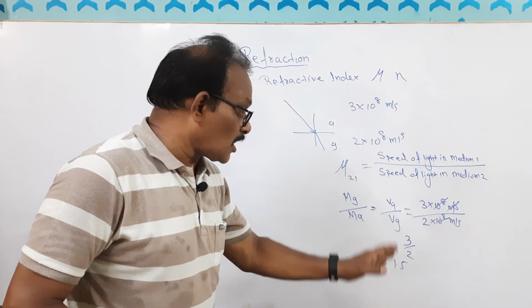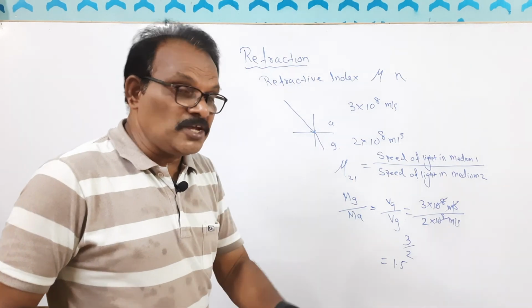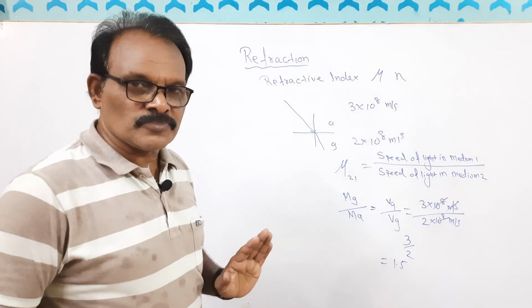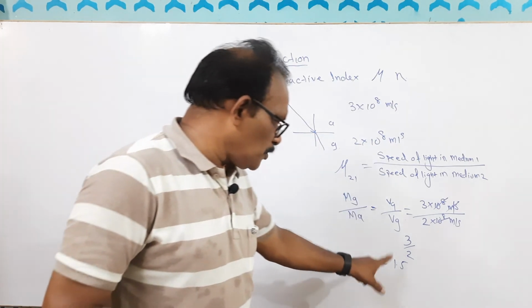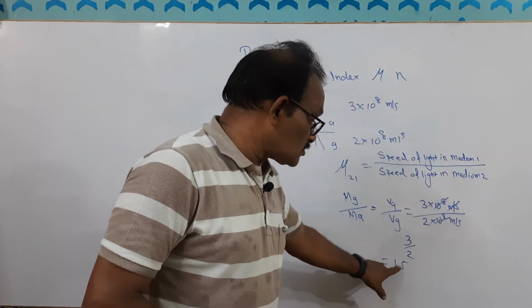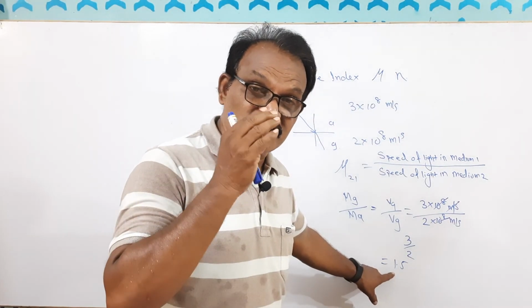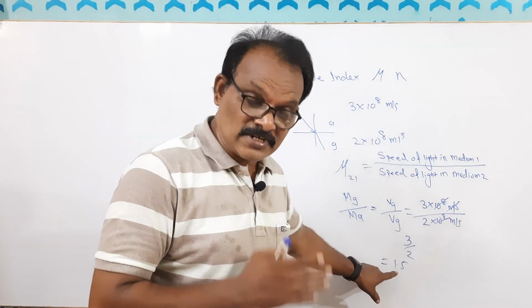So 1.5 times decreases the speed of light compared to air to glass. तो ग्लास में इसका स्पीड एयर की तुलना से इतना घट जाता है, 1.5 times decreases in glass.